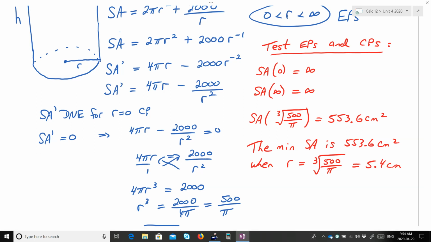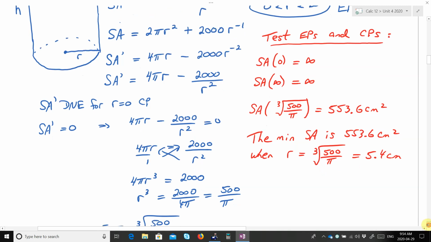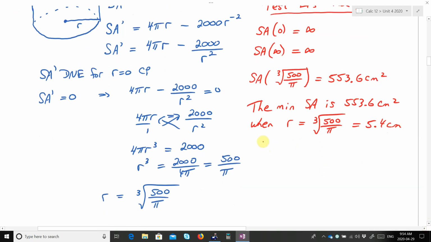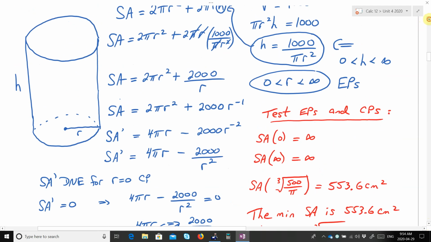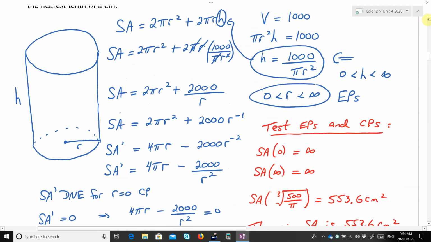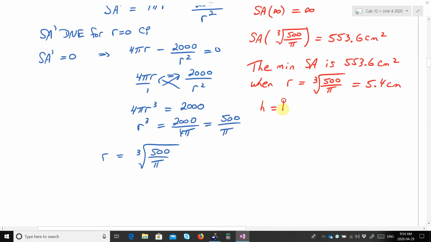And it's asking how we should choose the height and radius. So it wants us to get h as well. And h is equal to 1,000 over pi r squared. So I'm going to put the r in there: the cube root of 500 over pi, and then all of that squared. So that would be an expression in terms of pi, and I'm going to put approximately equal to.